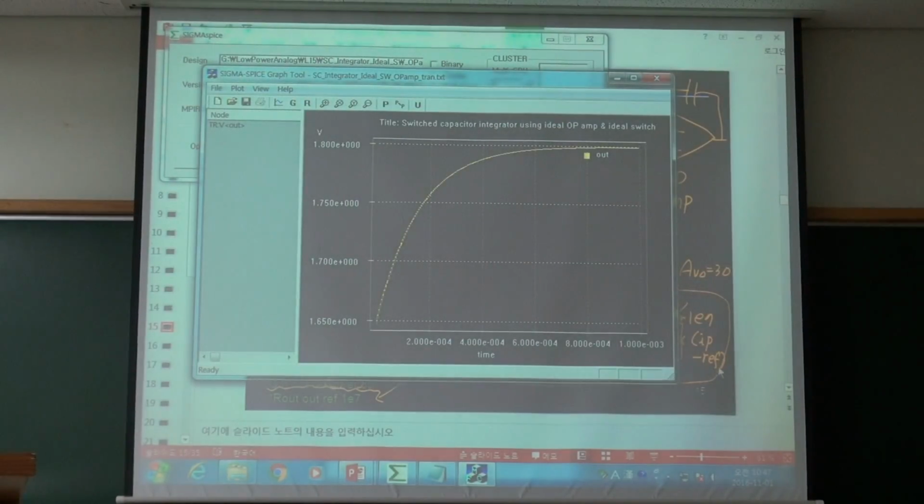Yeah, there is a very significant reduction of output voltage, right? Okay, question? Nope. Okay, then let's stop here.